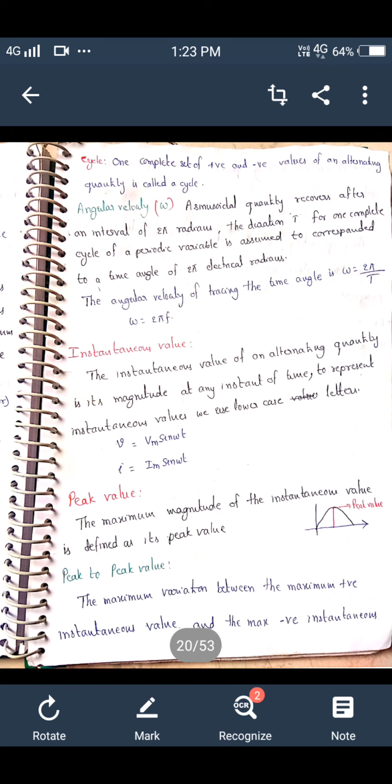Instantaneous value. The instantaneous value of an alternating quantity is its magnitude at any instant of time.